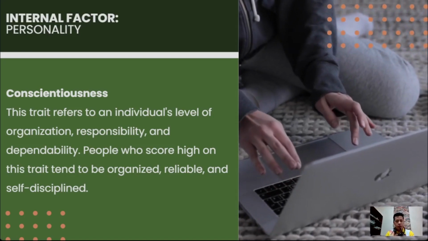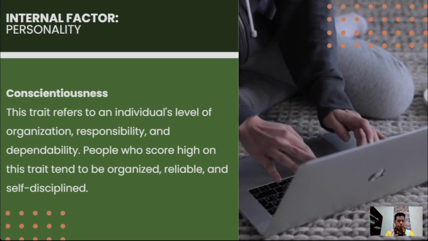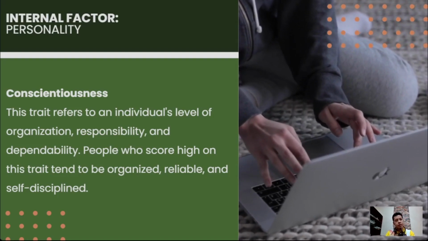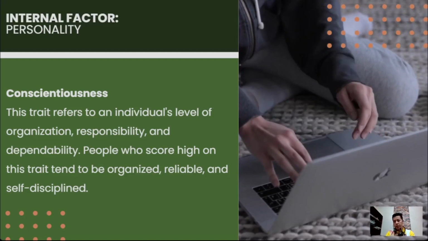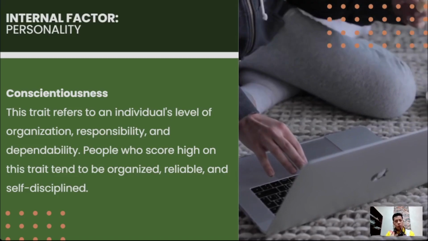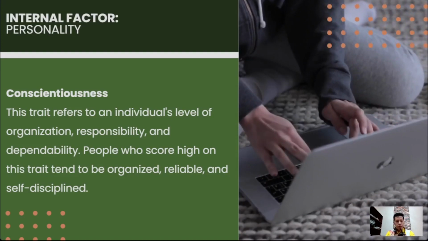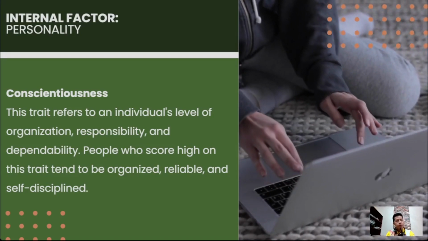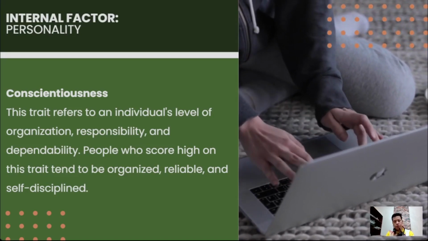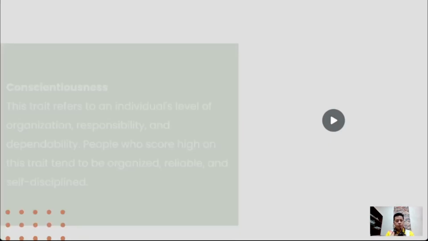So if your customers are more inclined to this kind of personality, you may sell products that help them organize things, or let's say schedule their activities so that they can organize well. Those could be the products that you will sell to this kind of people.